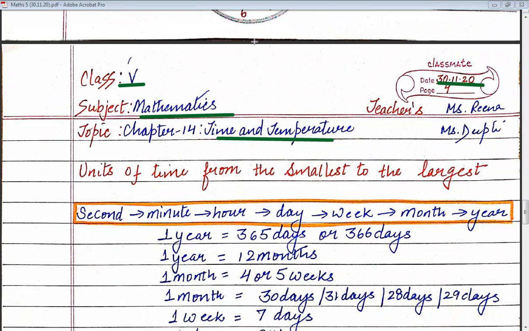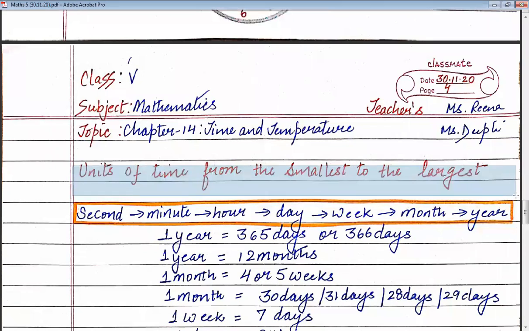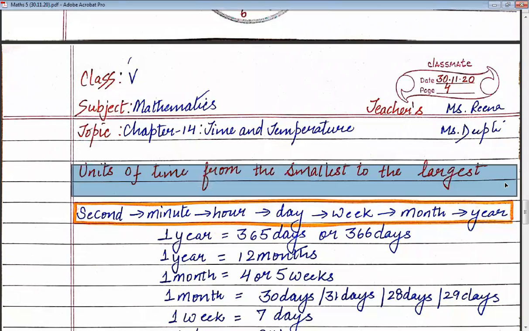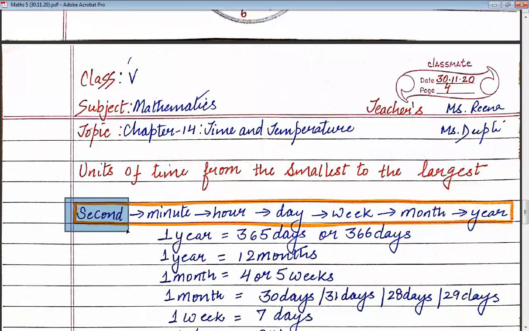Now, in this video, let us discuss the different units of time from smallest to largest. The smallest unit of time is seconds. Then we will move from smallest to largest.